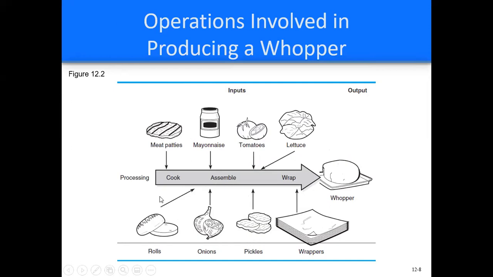So they have the process. You cook the meat, and then you assemble the meat with the rolls, the onions, pickle, tomato, lettuce. And then after you put everything in, you wrap it, and that's the output, and the customer will be here. So that's the process.